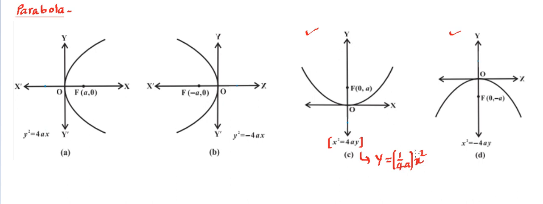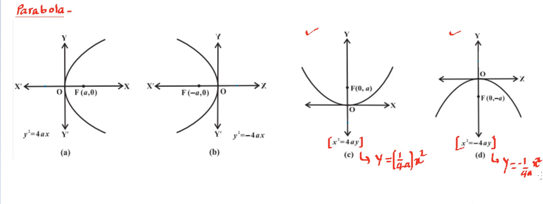So whatever the coefficient of x square is, that has to be positive for opening upward. Similarly, this is written as x square is equal to minus 4ay, which we can write in this manner: y is equal to minus 1 upon 4a into x square. Again you see the coefficient of x square is minus 1 upon 4a, so the minus sign is coming, and that's why it becomes opening downwards.